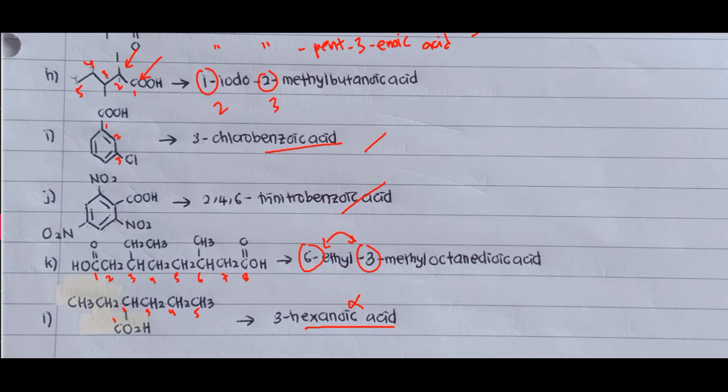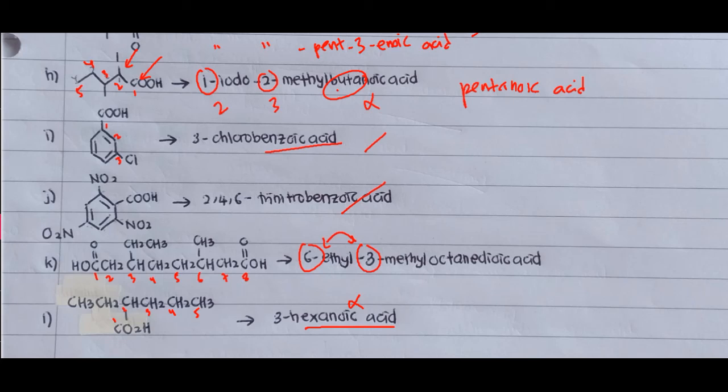Alright, technically the parent name, instead of butanoic, it should be pentanoic because it is a 5 carbon chain. So it should be pentanoic acid. Pentanoic acid. Okay. And then the positions of the substituents are 2-iodo and also 3-methyl.